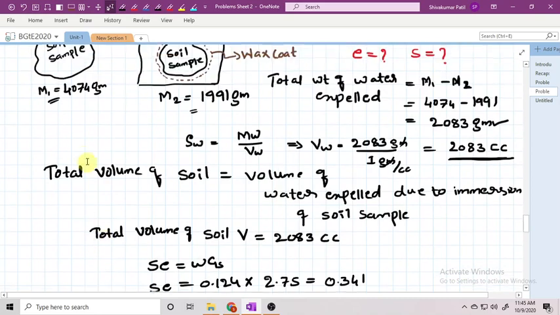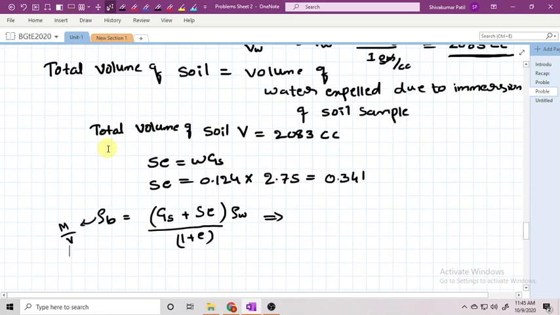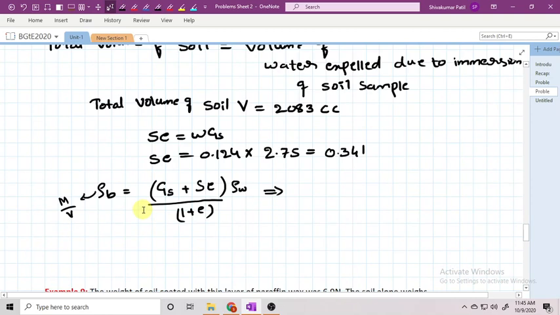Mass of the soil is 4074 grams, and volume of the soil is 2083 cc.